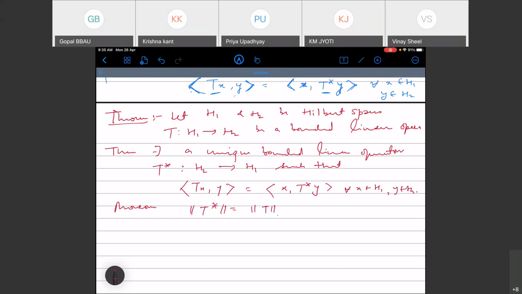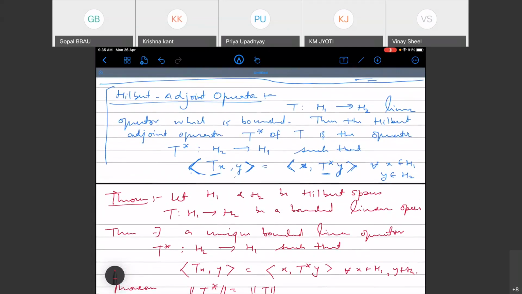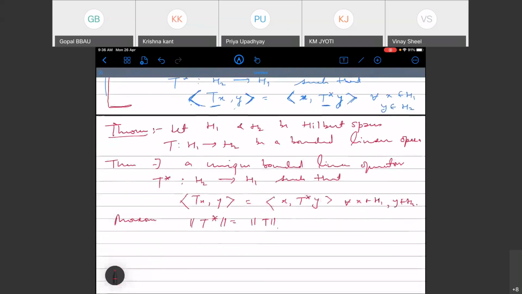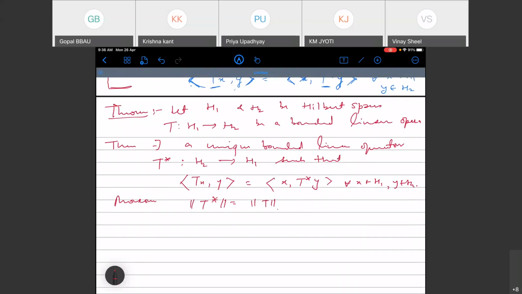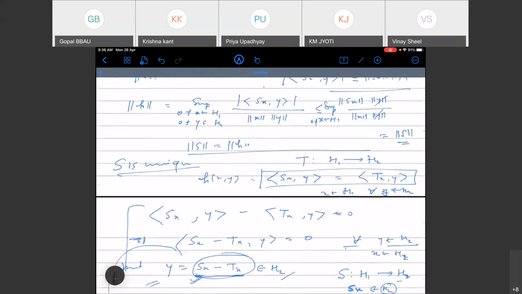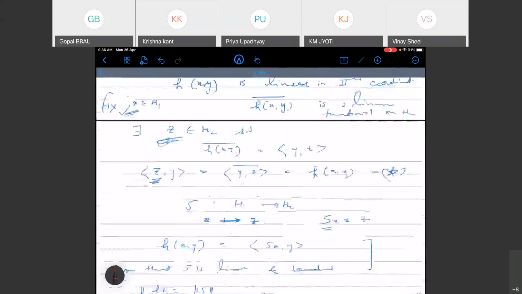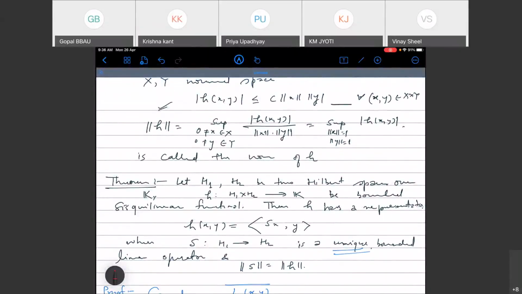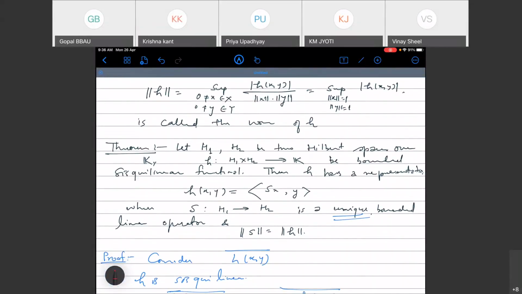So this theorem says that such a T* exists. Therefore this definition makes sense. So let's see a proof of this theorem, where we will use the theorem that we just proved for sesquilinear functionals.